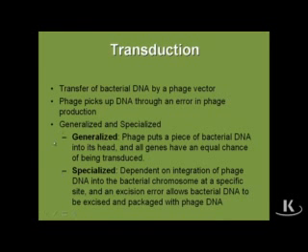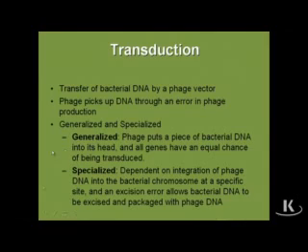In generalized transduction, basically all genes have an equal opportunity to be transduced. It is a packaging error of the phage: when it's trying to put all of its pieces together to make an intact phage, it accidentally grabs bacterial DNA instead of phage DNA.